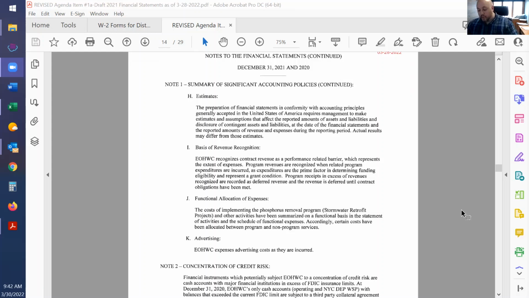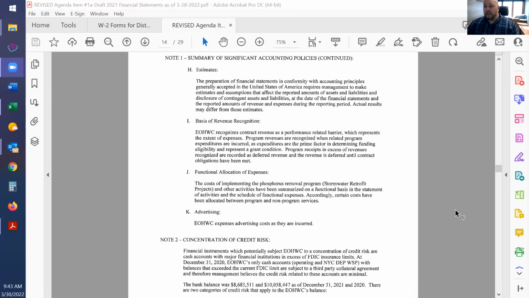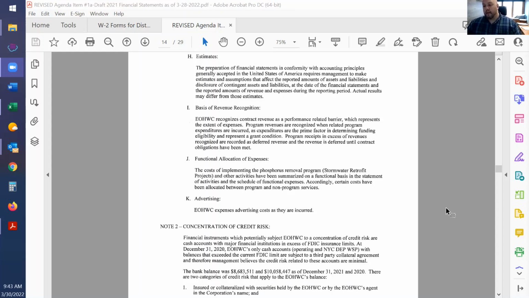On page 12 is where we start the concentration of credit risk. This is basically a summary of the organization's bank balances that they have in the bank. Because we are in New York State with a municipality, we are required to have a certain amount of collateralization. That collateralization agreement has to be in place in order to insure anything that's in excess of the $250,000 of the federal FDIC insurance.